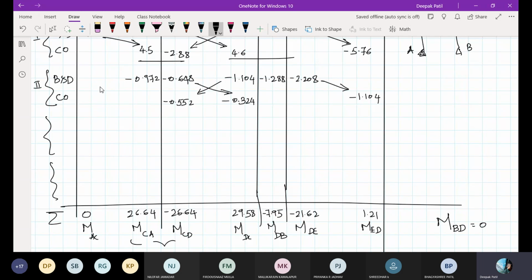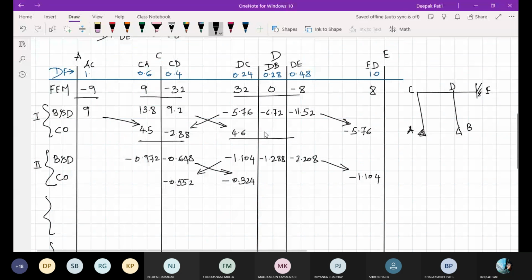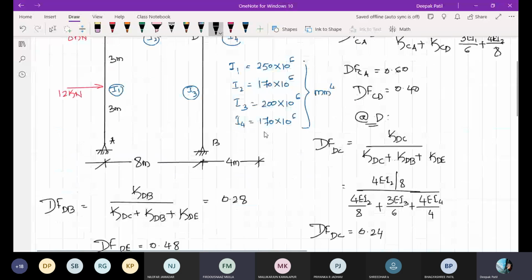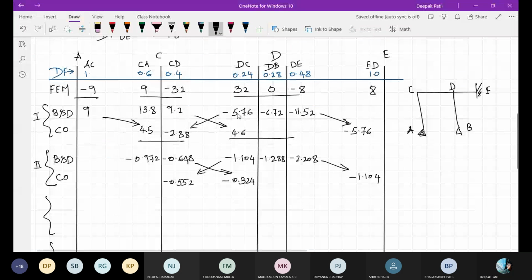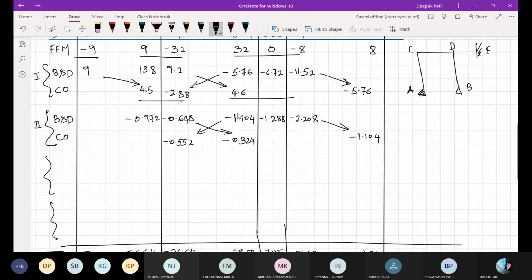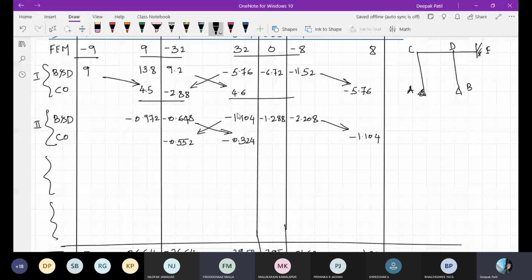You can see here the summation of these two comes out to be 0, and you can check that the net moment of these three will also be 0. Students, are you clear? Any doubt in this? No, sir.